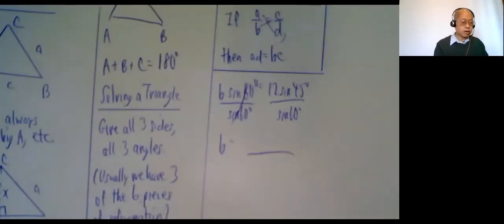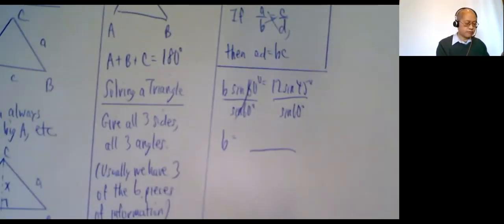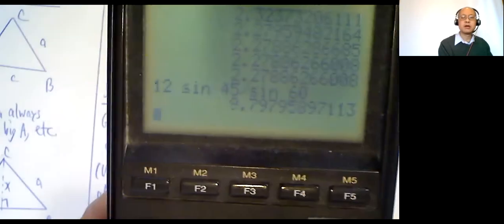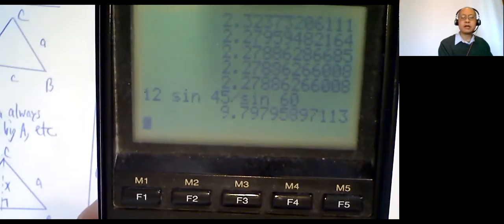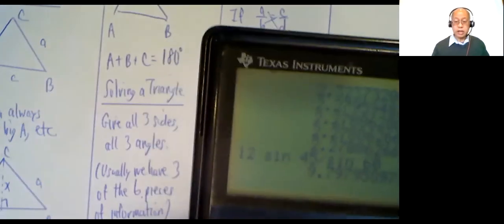Okay, so what do I want? 12 sine 45 divided by sine 60. 9.79, blah, blah, blah. So they said 1 decimal point. So that means 9.8.